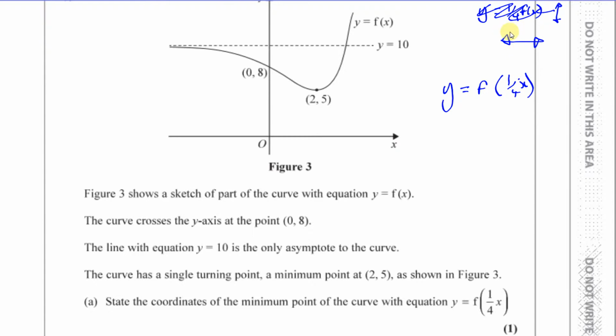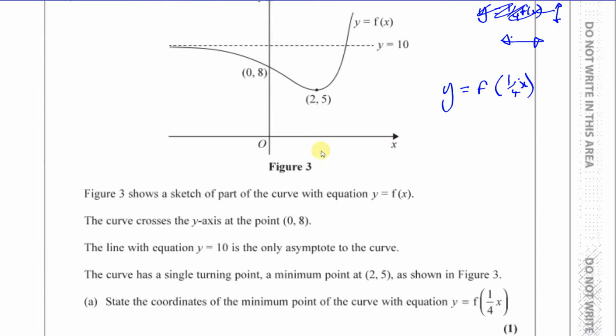If it was y equals a quarter times f of x, the y values would be multiplied by a quarter and the x values would remain unchanged. However, if it's f of a quarter x, it is the y values that remain unchanged and the x values which are multiplied not by a quarter but by its reciprocal, which is 4.